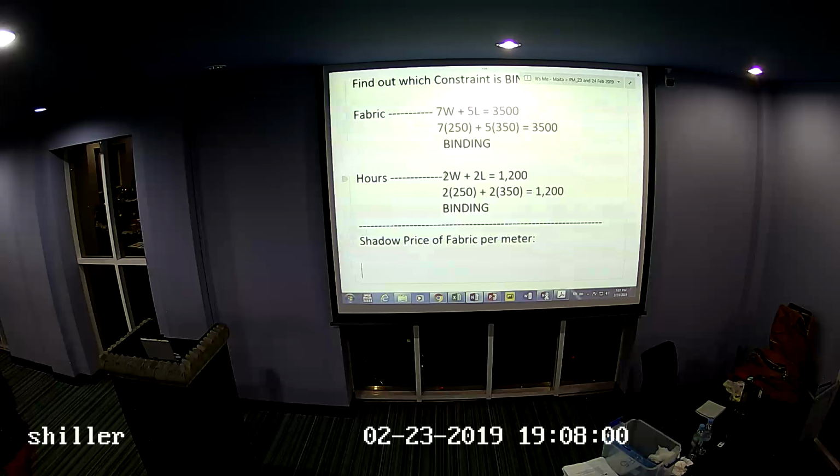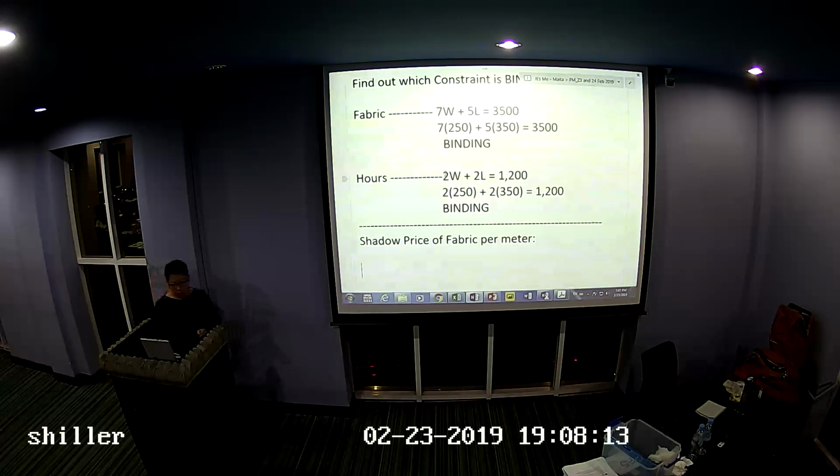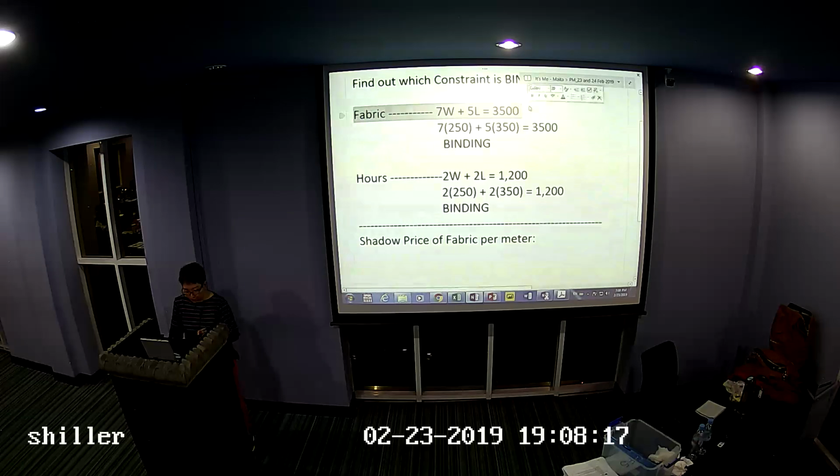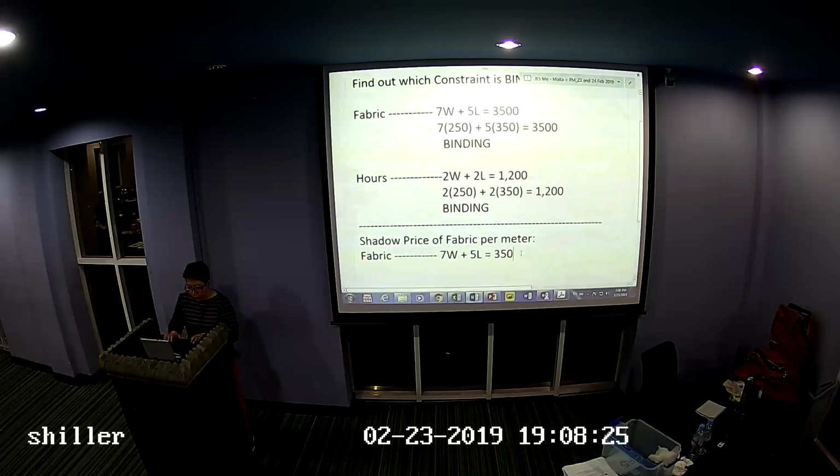So how do I calculate the shadow price of a fabric per meter? I add one more meter, correct? So in terms of fabric, I will add one more, correct?